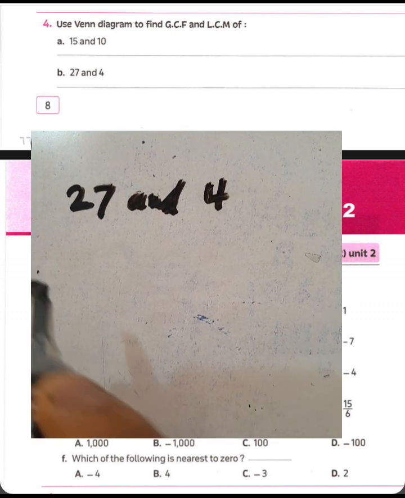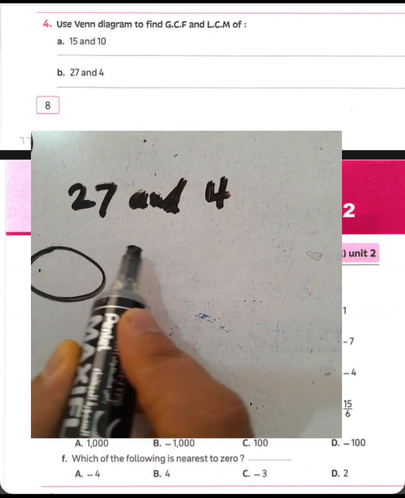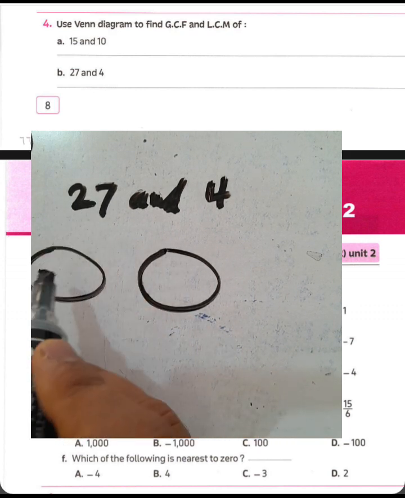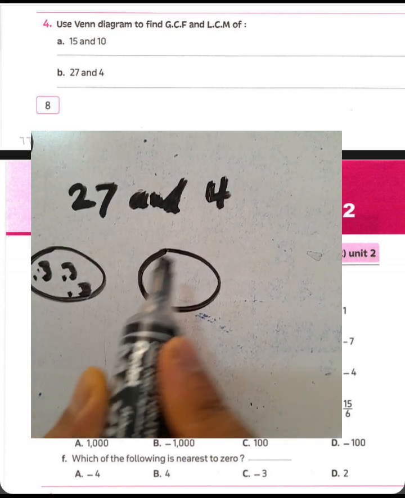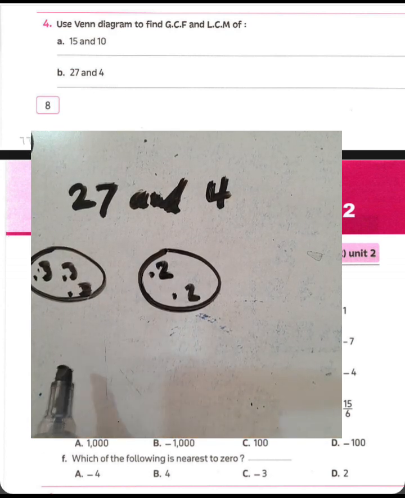Understood? So if we draw a Venn diagram about 27, it will be 3 times 3 times 3, and 4 equals 2 times 2.